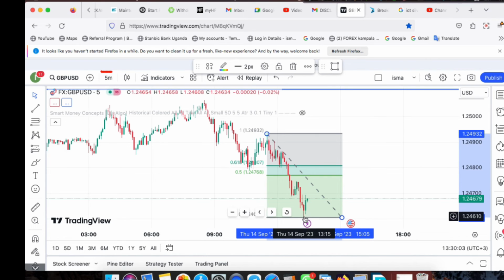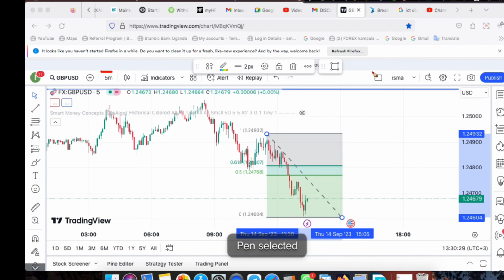Now, here the aspect of discount and premium comes in at this particular point, whereby they say that if the market happens to be in premium, we look at probably selling or buying. So here you may look at buying and then selling as well. Now, at this aspect, what we're waiting for is that we have our points set.